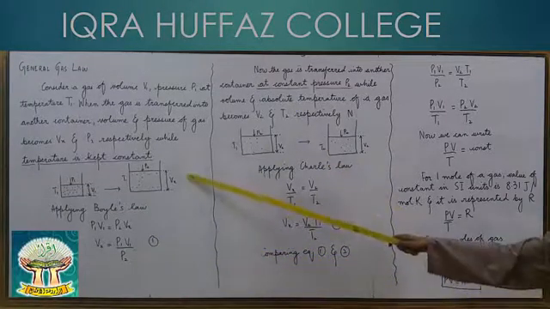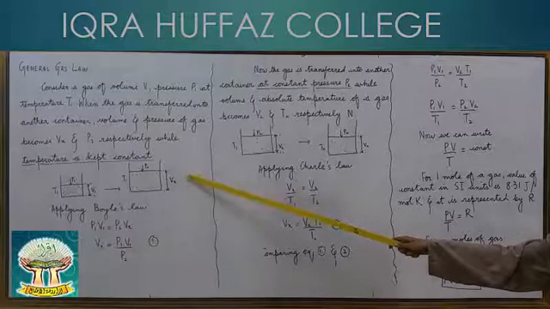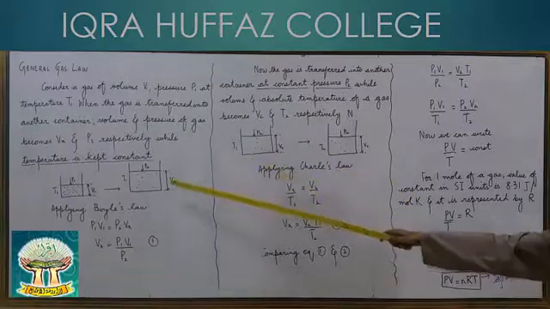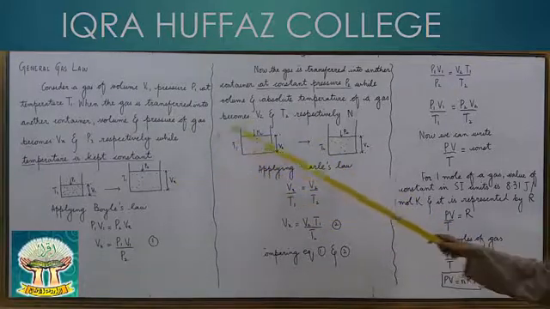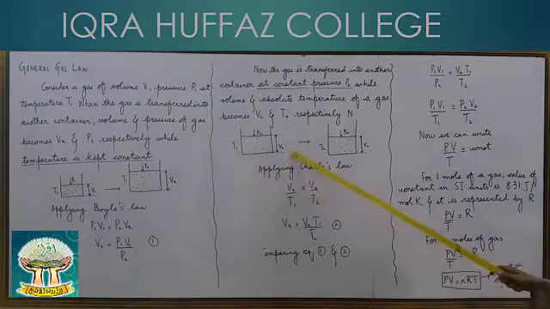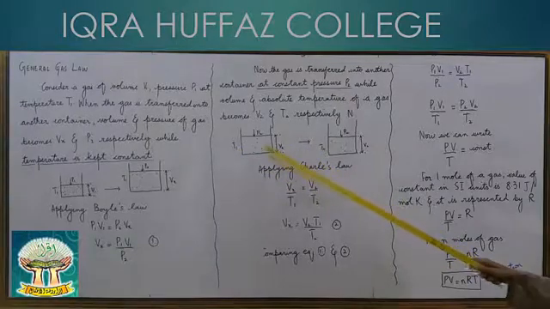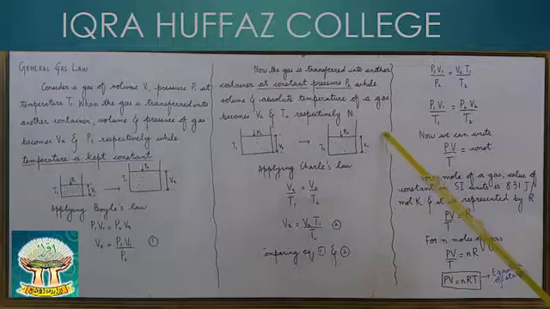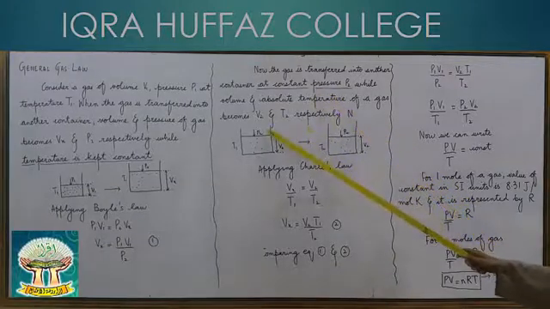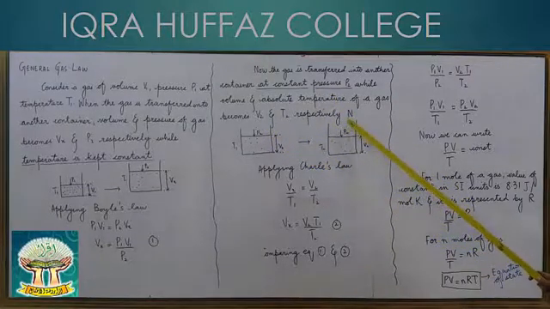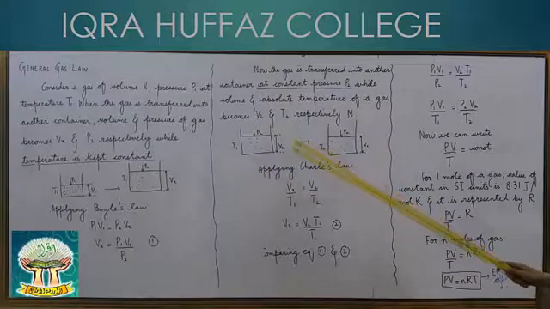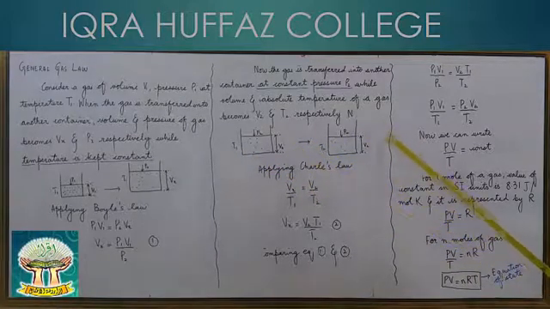Now this container, which is the final container here, is an initial container: T1 temperature, P2 pressure and Vx volume. Now this gas is transferred into another container but at constant pressure. The pressure P2 here, temperature changes from T1 to T2 and volume changes from Vx to V2.